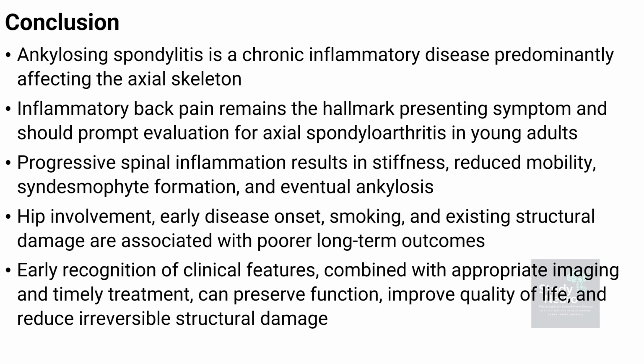As the disease progresses, persistent inflammation leads to spinal stiffness, reduced mobility, new bone formation, and eventually ankylosis, while peripheral arthritis, enthesitis, acute anterior uveitis, psoriasis, and inflammatory bowel disease provide important clues that support the diagnosis. Hip involvement, early disease onset, smoking, and existing structural damage are linked with poor long-term outcomes. Timely imaging and appropriate treatment can preserve function, improve quality of life, and reduce irreversible structural damage.